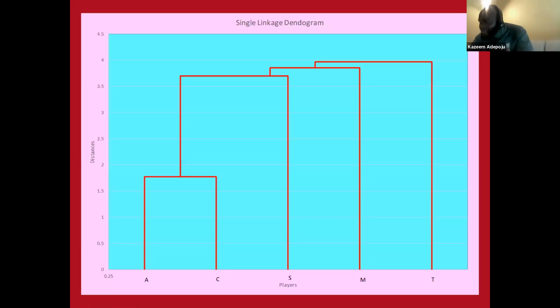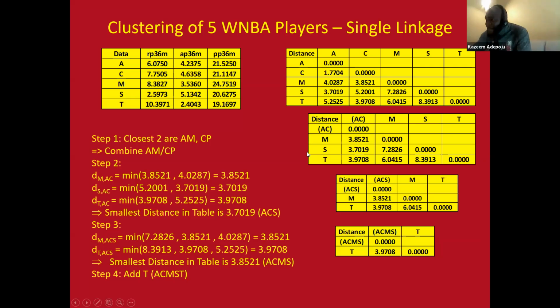Look at that. ACS, you're actually going to start from here. This corresponds to that 3 point something that I talked about. Okay, what is the next in my merge? After the ACS, we move to ACMS.